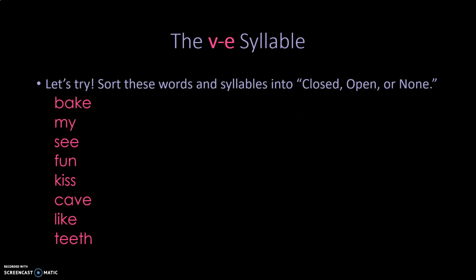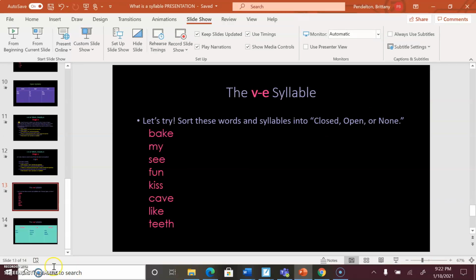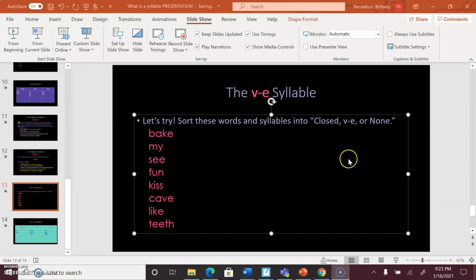Vowel, consonant, E syllable. So let's try to sort these words and syllables into closed, open, or none. Sorry about that. We're not sorting under closed, open, or none. I meant closed, silent E, or none.